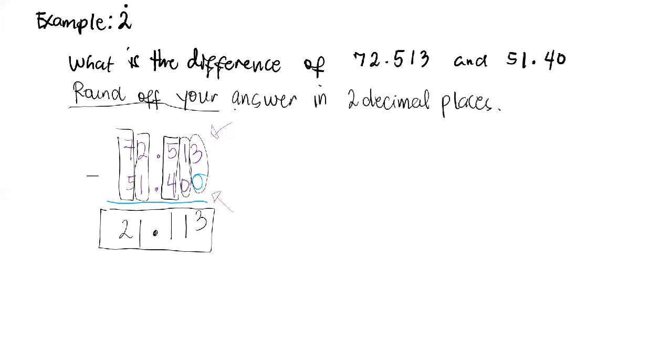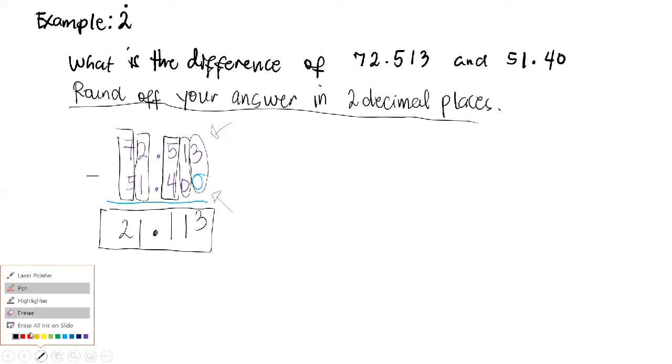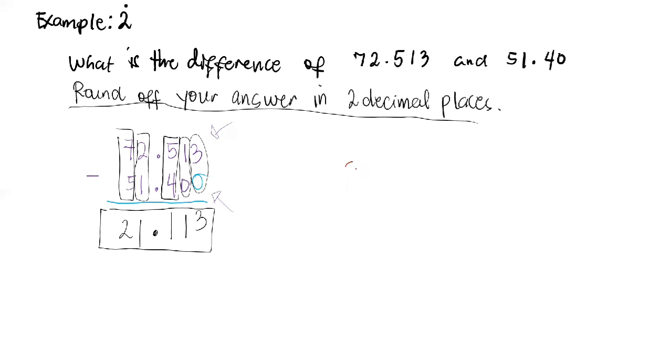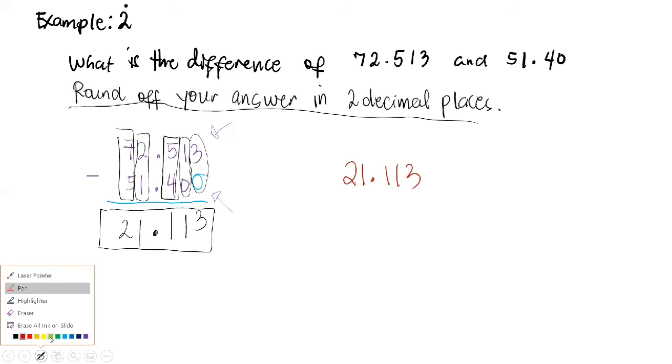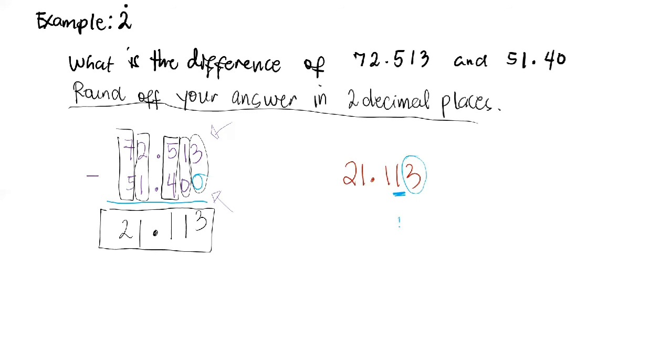So therefore, we need to round off 21.113 thousandths to 2 decimal places, which is our hundredths place value. Since the digit to the right of the 1 that we are going to round off is 3, which is less than 5, we will not round up; we remain with the digit 1 and the digit to its right becomes 0.